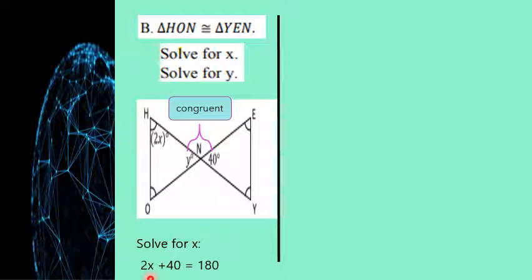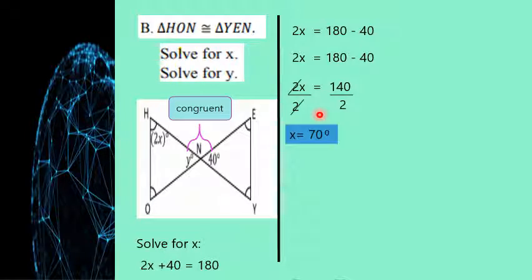Supposed to be that there is a degree for this one, so we're going to write the degrees later. And then 2x equals 180 minus 40. Then 2x equals 140. Then divide both sides by 2. And x is 70 degrees. Now that is our solution for x.